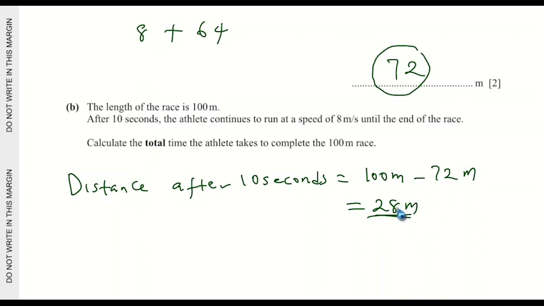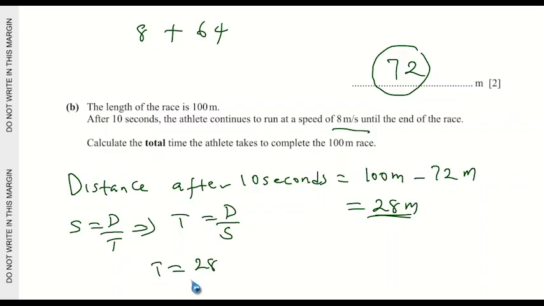So the speed after 10 seconds is 8 meters per second, right? Then we need to find the time. Of course, you know that speed equals distance over time taken, and this implies time equals distance over speed. So let's find the time taken: distance 28 meters over the speed, which is 8.